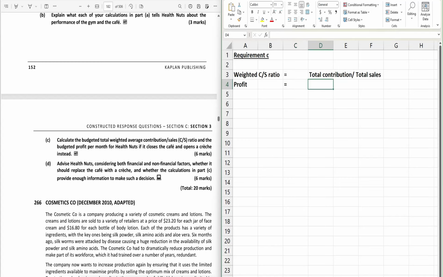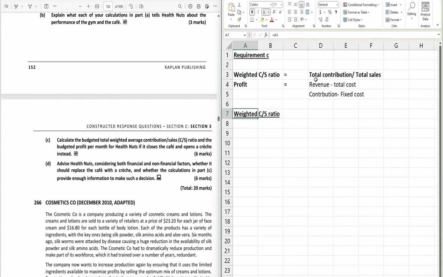In order to calculate the profit, we need revenue, then we minus the total cost, that means variable plus fixed. Or you can take the contribution and then minus the fixed cost. It's the same thing, you will get your profit. So let's do the first one first.